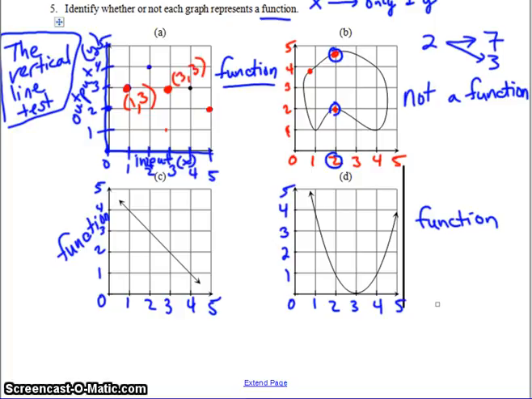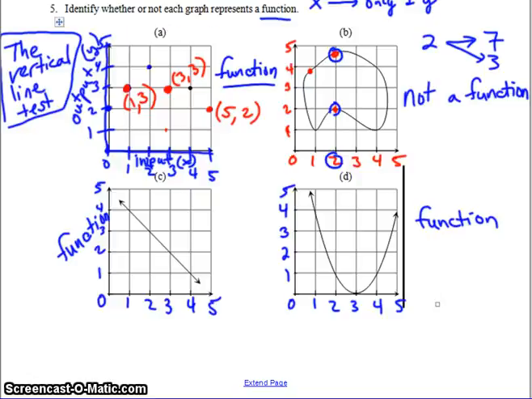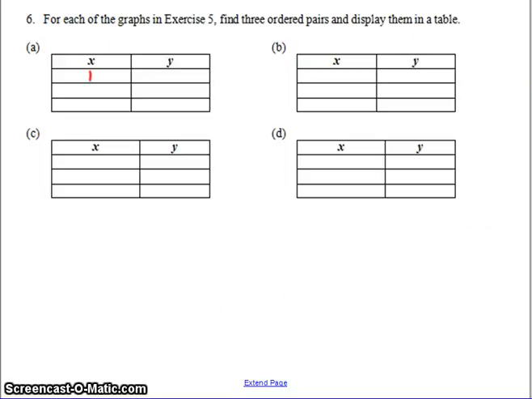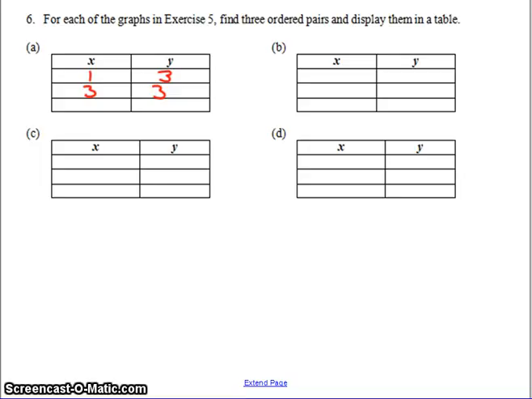And for this point here, the input is 5, the output is 2. So we go back to our list: 1, 3, so input 1, output 3; 3, 3; and 5, 2. You can choose different ones if you'd like.